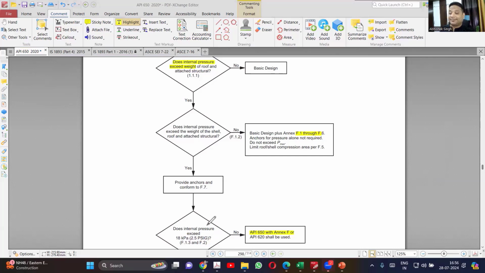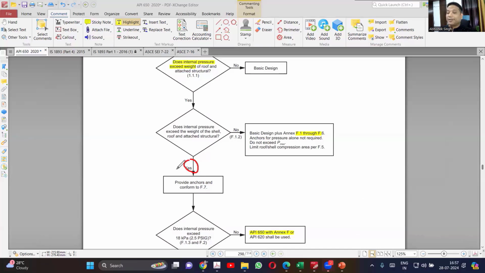Now, if it is even exceeding the roof, but less than 18 kPa, then you'll be doing a few more additional steps based on API. Annexure F will be required.